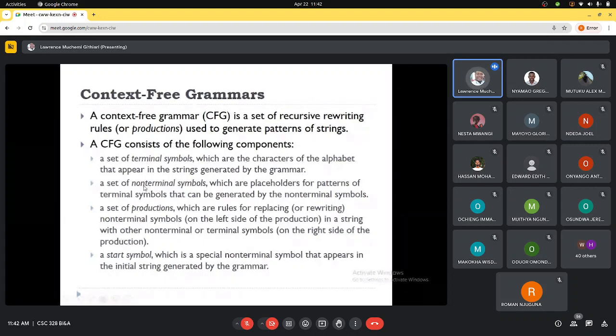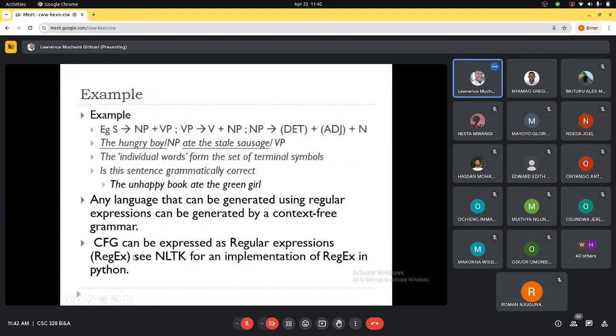Then there are the non-terminal symbols, which are just placeholders, the rules themselves and symbols. So let's see an example here so that we have a concrete thing. You have something like this: the sentence level implies the noun phrase, verb phrase.